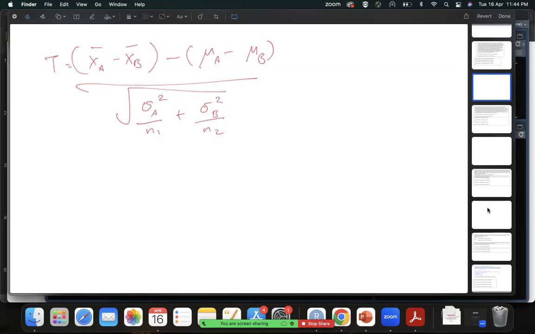We know all these values. The null hypothesis is that mu A minus mu B is 0, so you ignore that part. You just calculate X A bar minus X B bar divided by the root of sigma square A by N. So we'll just do that in R.